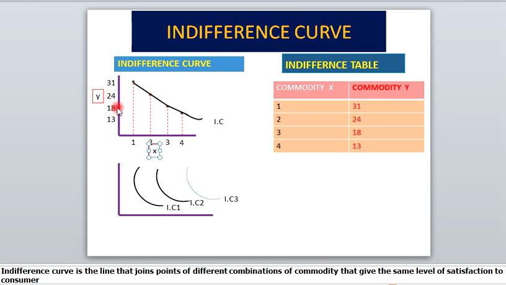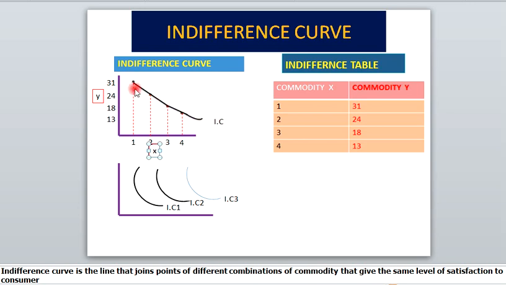When 18 of Y is consumed, then 3 of X is consumed. This is the point of intersection. When 13 of Y is consumed, then 4 of X is consumed. So this is the point of intersection. So the line that joins these points together, point 1, point 2, point 3, point 4, is what we refer to as indifference curve.